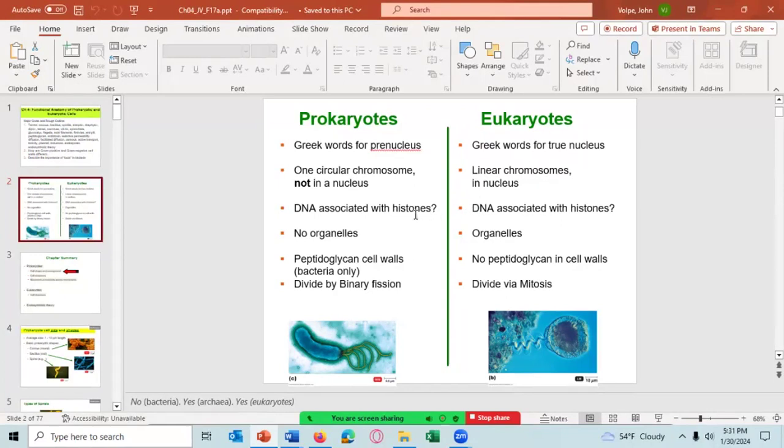There is no DNA associated with histones in prokaryotes. I should state in bacteria, because bacteria do not have histones. The eukaryotes have their DNA wrapped around histones. Histones are large proteins, and the DNA actually wraps around the histone.